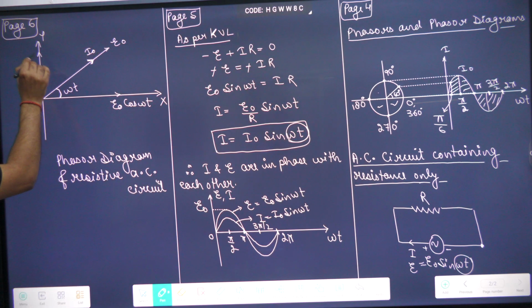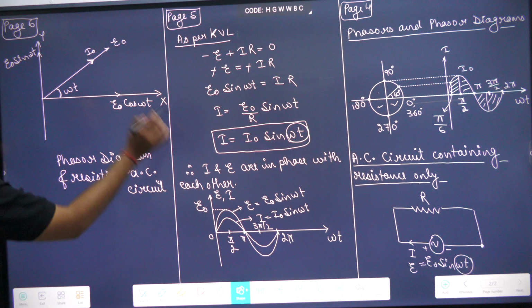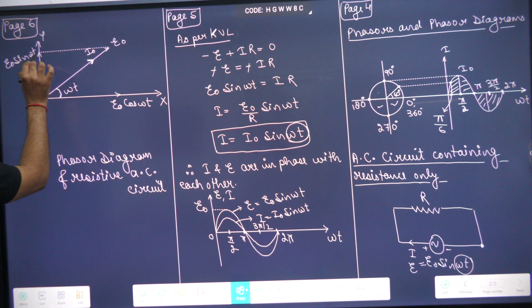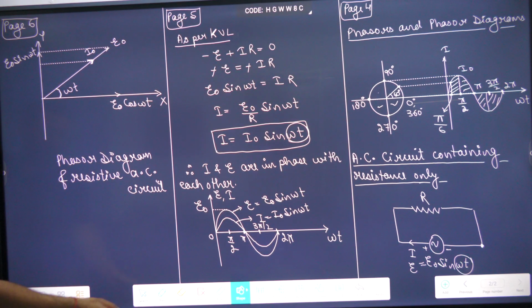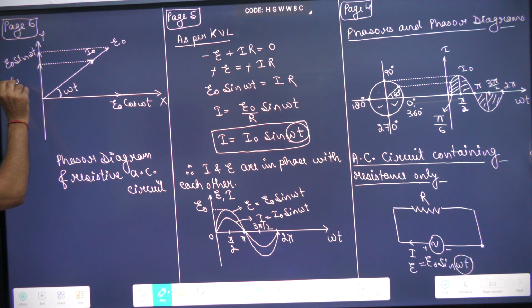So sin omega t is always here. This is E naught sin omega t. In the same way, I naught sin omega t will be here. Is this clear to you till now?